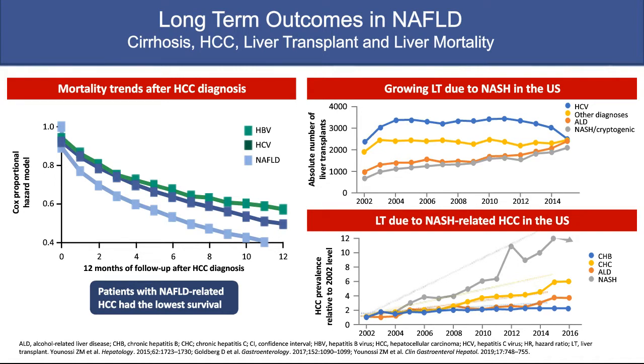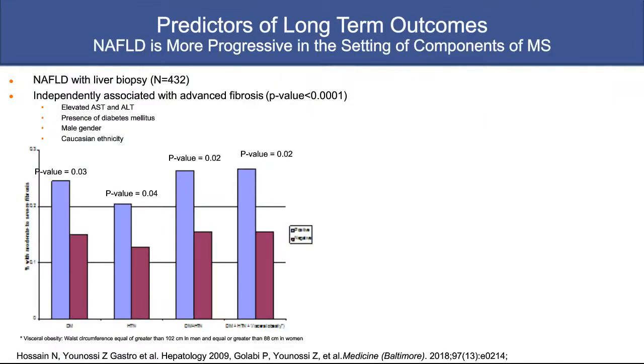So are there any predictors of long-term outcome? This is again a study of liver biopsy, almost 450 patients with biopsy-proven NASH. When you look at multivariate analysis to see what's associated with advanced fibrosis, it's having elevated liver enzymes and having type 2 diabetes, as well as some demographic components.